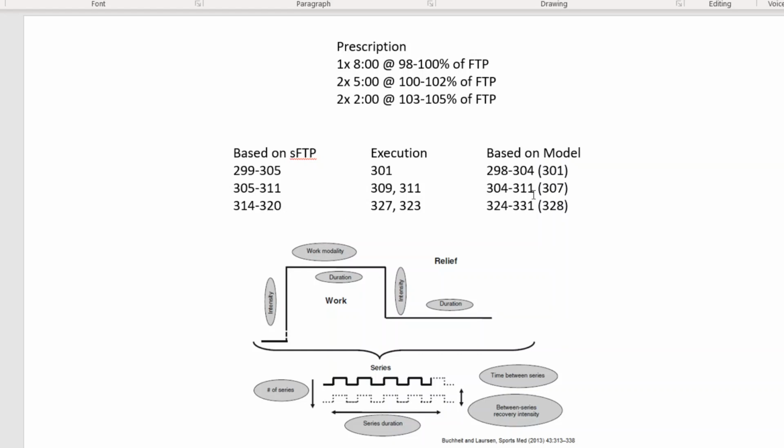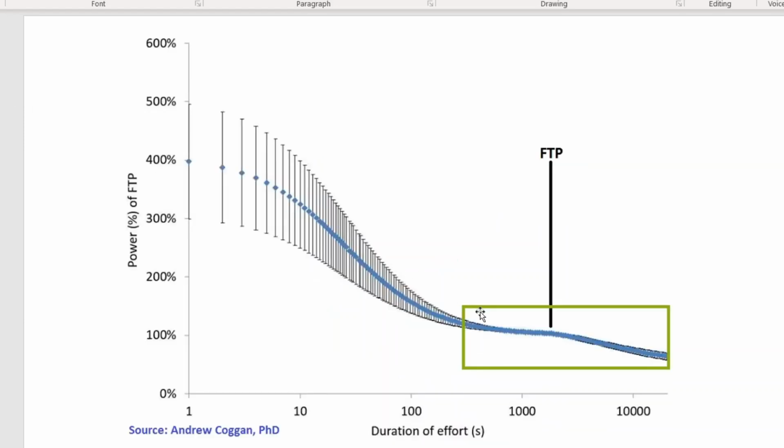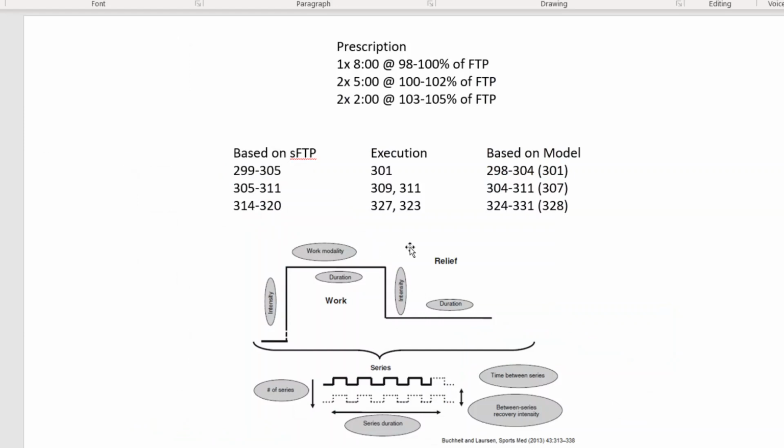So as we're drifting left on the power duration curve, the target based on a single point, the FTP, becomes a little less individualized.